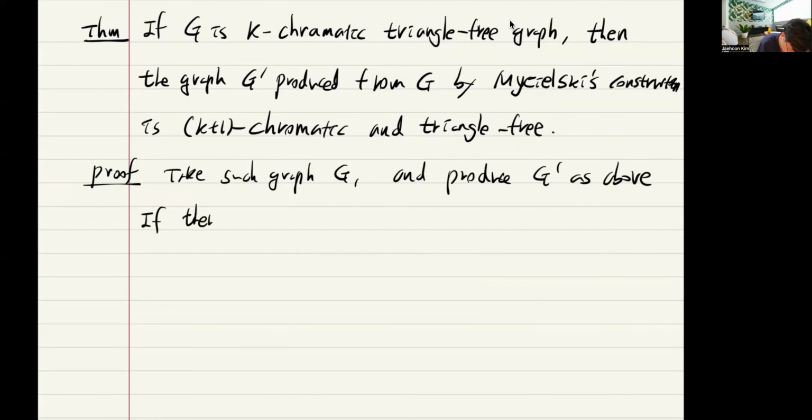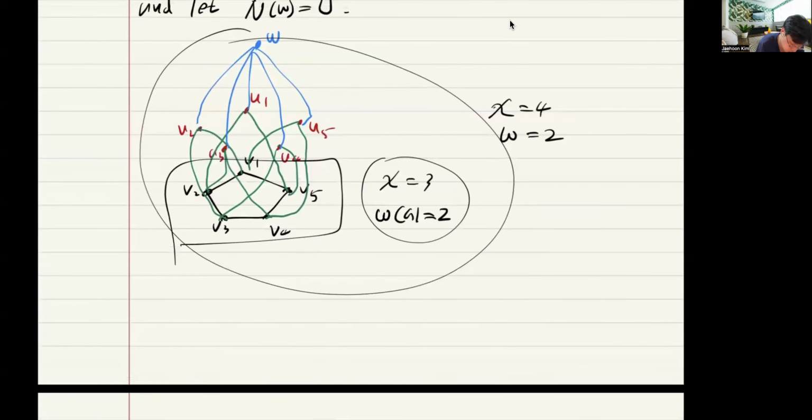If there is a triangle in G prime, then as G itself is triangle free, this triangle must contain a vertex which is not Vi. But also, we can see that there is no triangle containing W. Once you have W, no matter how you choose the other two vertices, there are no edges between them.